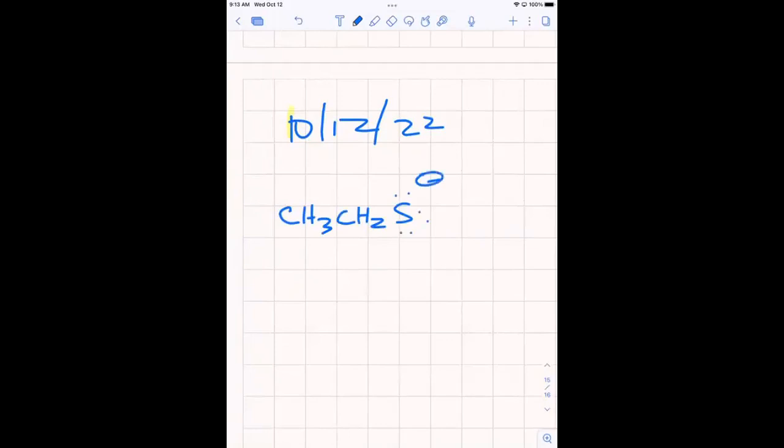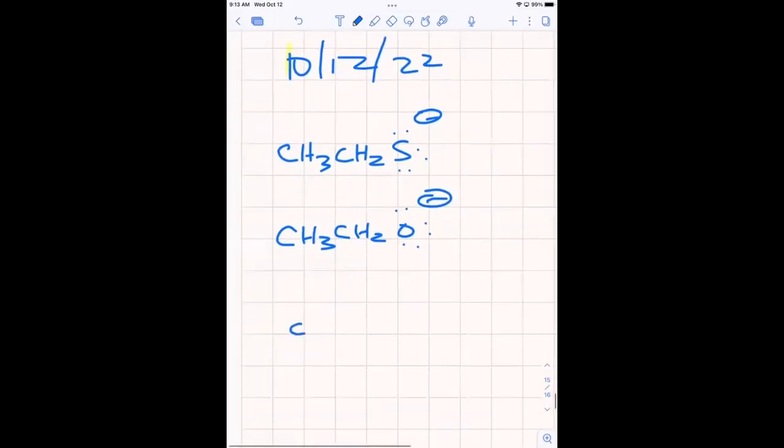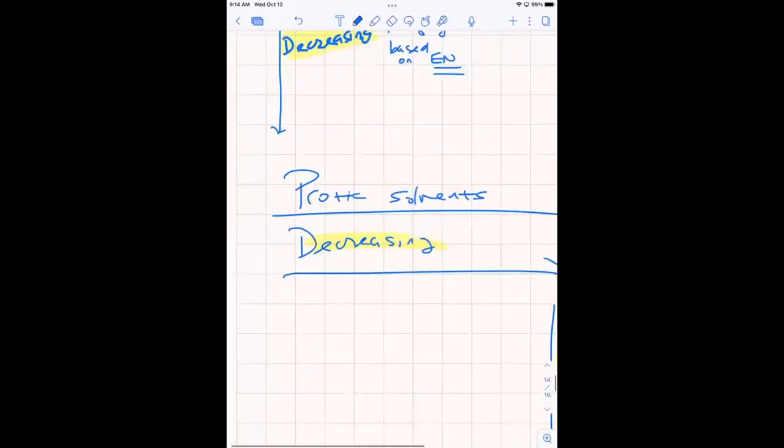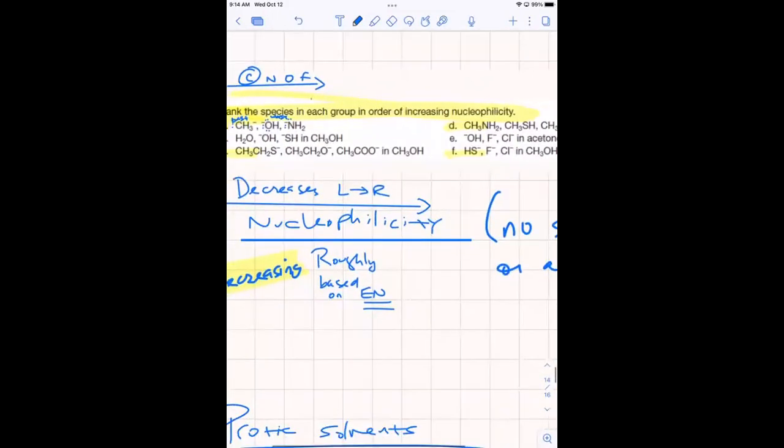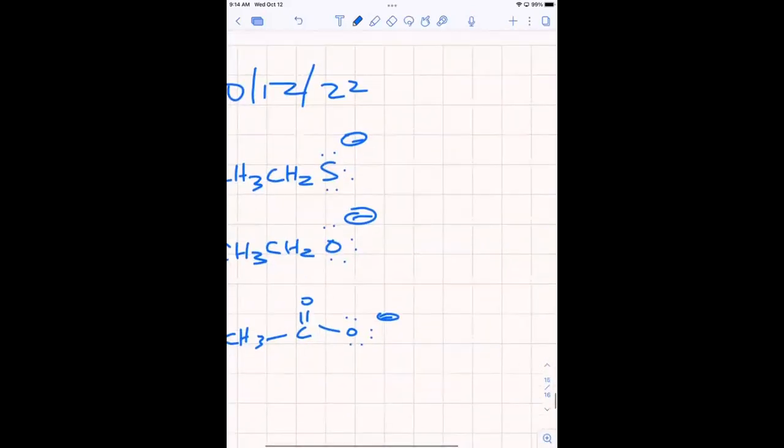So this is one of my nucleophiles, and then here, this is one of them, and then the other one is here. Right, and it asks us to rank them in order of increasing nucleophilicity, so from worst to best. And these nucleophiles are in ethanol. I'm sorry, methanol.